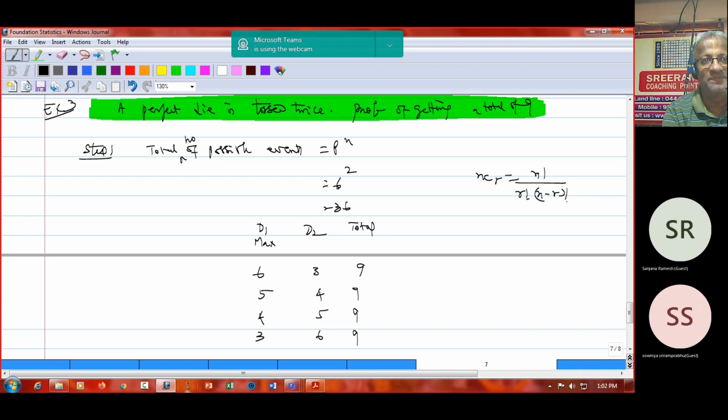Now we have got the spark. I'm just thinking. Only after thinking you will get that. 36 C 4, which go on. You should get. I will not tell.